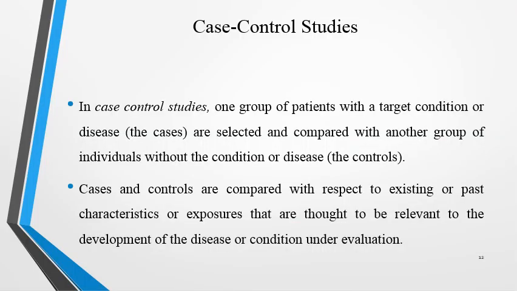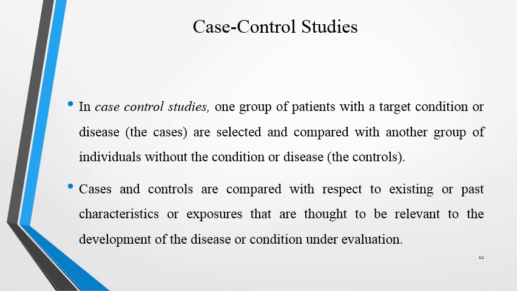If we go into the details of case control studies, in case control studies we have two groups of patients, and in those two groups we are observing a disease state or a condition. One group has the disease or the condition, and the other group does not.